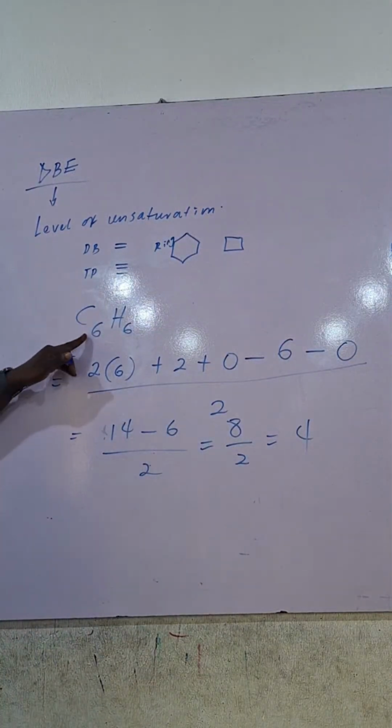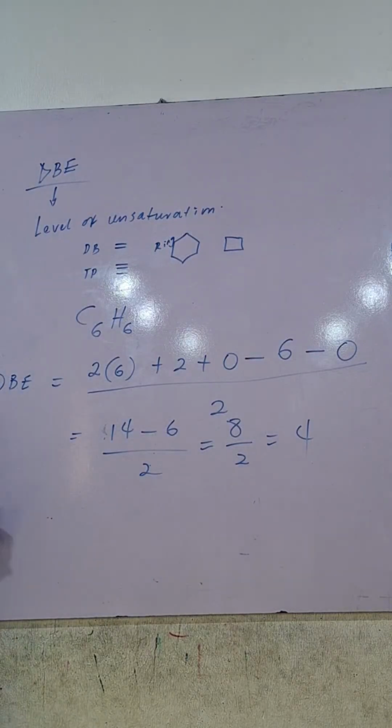If you look at this structure, that's benzene. But here we got 4, meaning that we have 1 double bond, 2 double bonds, 3 double bonds, and a ring. That's what makes 4. Do you get that?